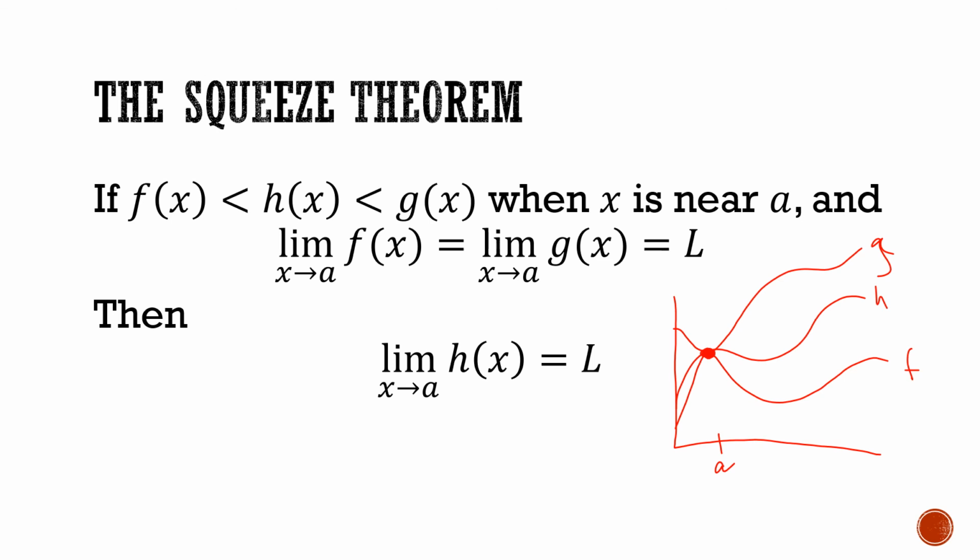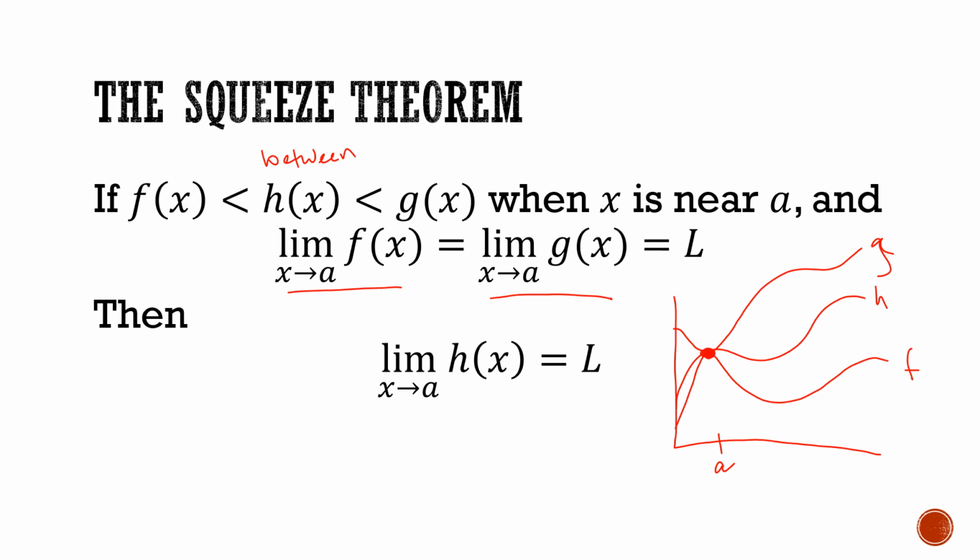So again, if the limit of f equals the limit of g equals some number, the same number, and h is between f and g, then h will have the same limit as f and g.